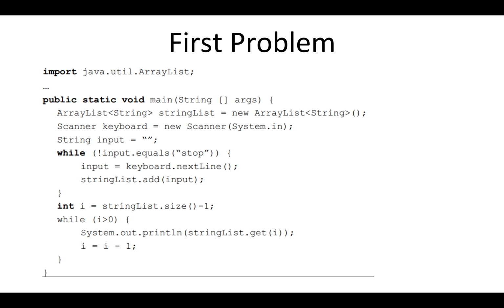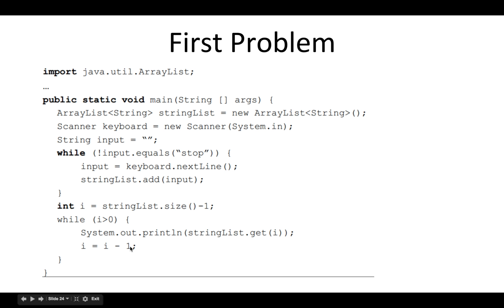Then, starting with an index of n-1, where n represents the size of my array list, or actually in this case I have i, while i is greater than or equal to 0, go backwards through the array list and print out what is at that index. So stringList.get(i) gets what is in the array list at index i, and because i is starting from the end of the array list instead of starting at 0, it goes backwards.